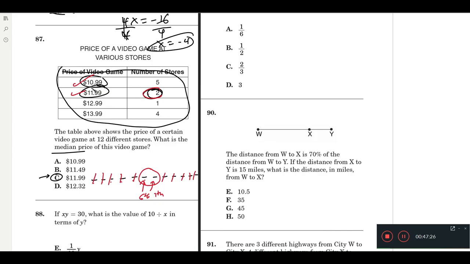So we add 11.99 and 11.99 and divide by 2. We get 11.99 again. Clear? Yeah.